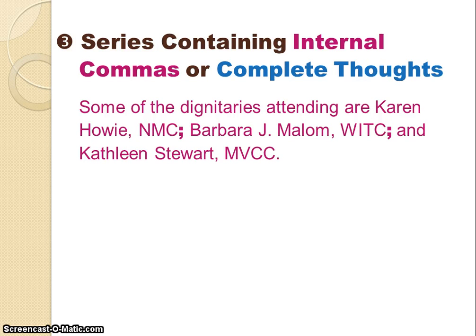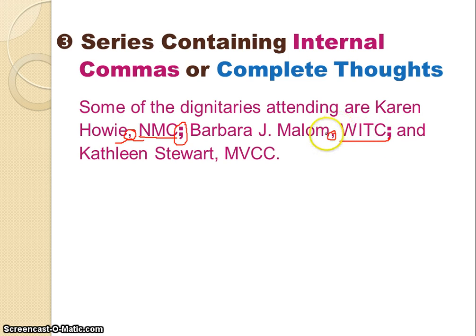Okay, we also use them for series containing internal commas or complete thoughts. So some of the dignitaries attending are Karen Howie, NMC. So here we have our comma and our semicolons because we have an internal comma here. Barbara Malum, here's a comma, and here's her, I'm assuming this is a college.